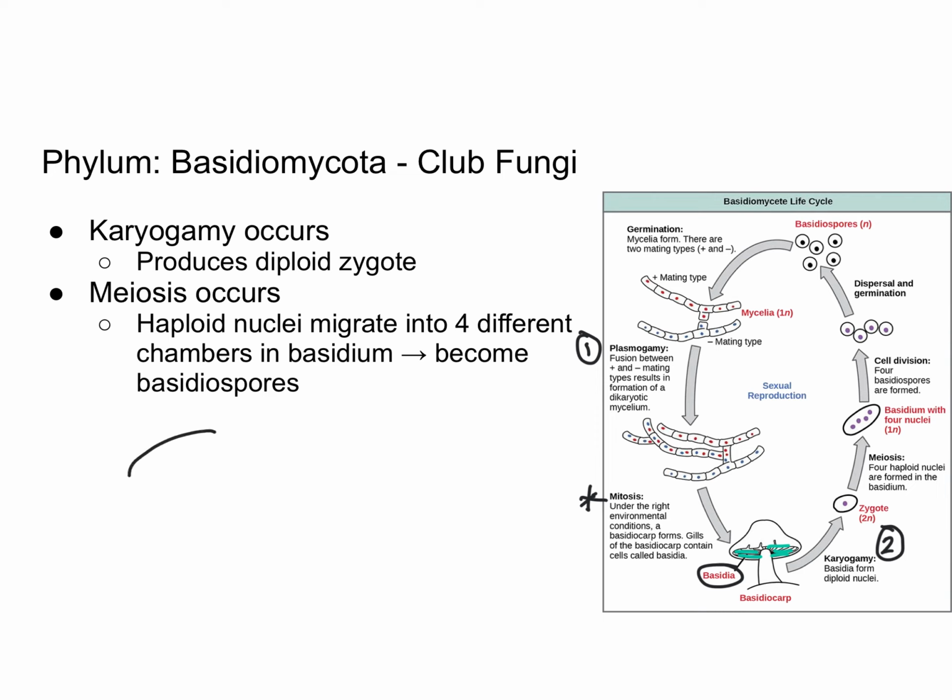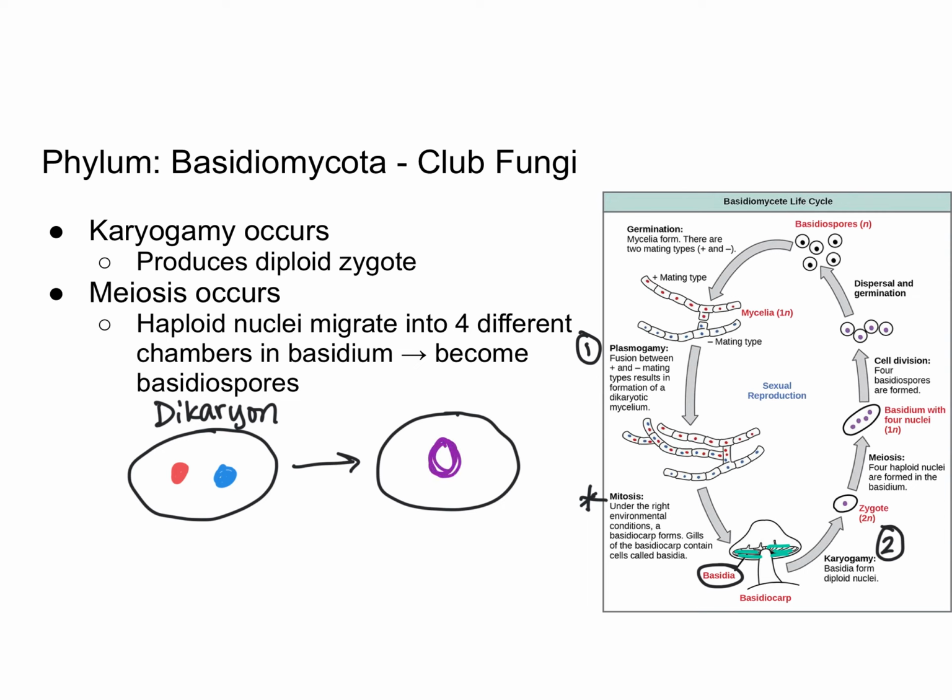And remember that karyogamy is just where that dikaryon, so that cell that has two haploid nuclei, the two nuclei are then going to combine to form a diploid nucleus.